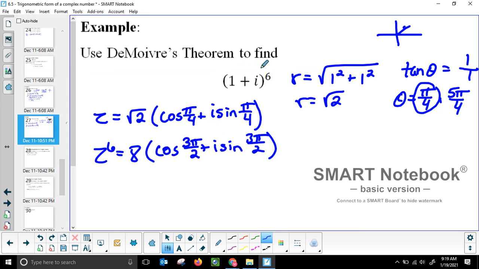Again, it was given to us in standard form, so we should answer in standard form. So this is going to be 8 times cosine of 3 pi over 2, which is 0, and the sine of 3 pi over 2 is negative 1. If we distribute, we're simply going to get negative 8i. Again, much easier than trying to multiply 1 plus i times itself 6 times.